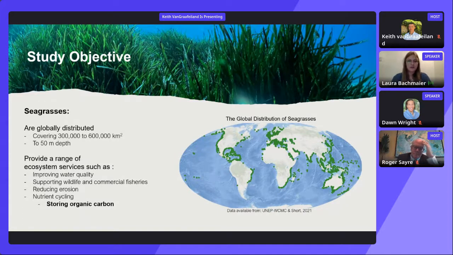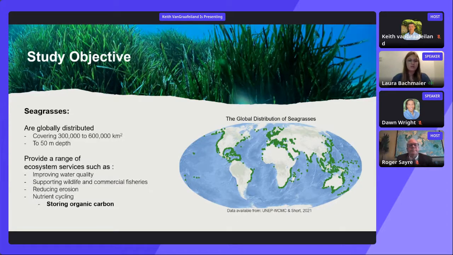Seagrass meadows are some of the most widely distributed global coastal ecosystems, as you can see here on this map. They also provide a range of ecosystem services in addition to their role in nutrient cycling, such as storing organic carbon. Blue carbon ecosystems store the majority of their carbon in the sediment layer rather than the vegetation.